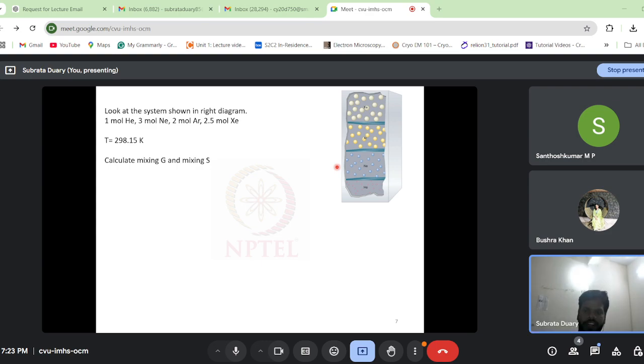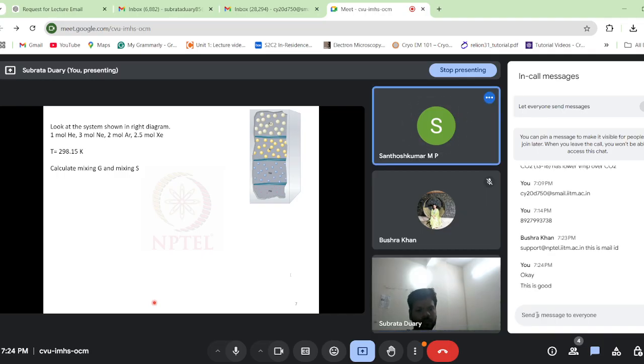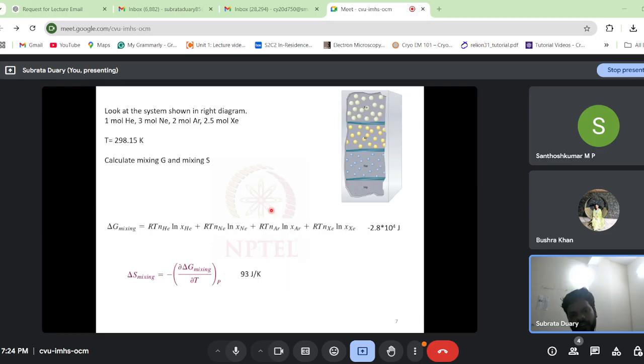Okay, so any idea how to find the value, calculating delta G and delta S? So you can just calculate with these two and you will get the value like this.